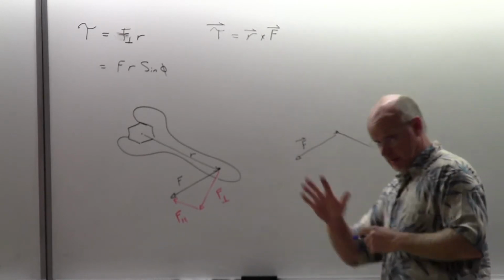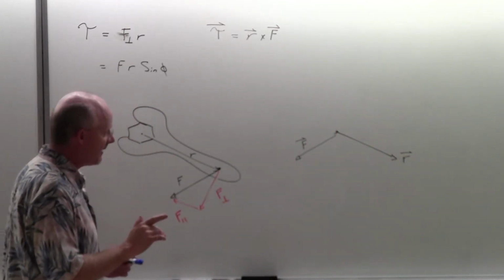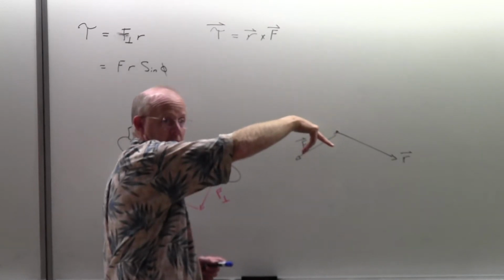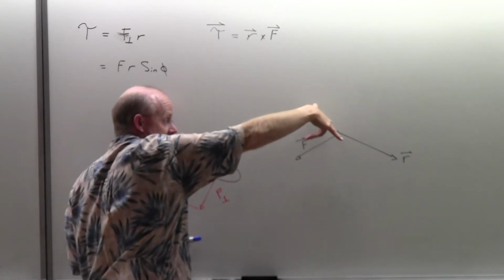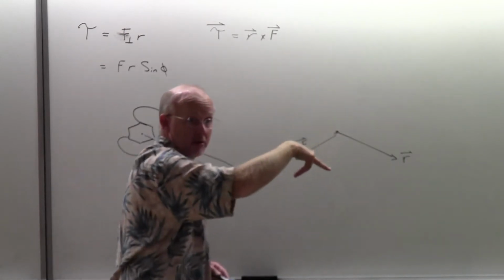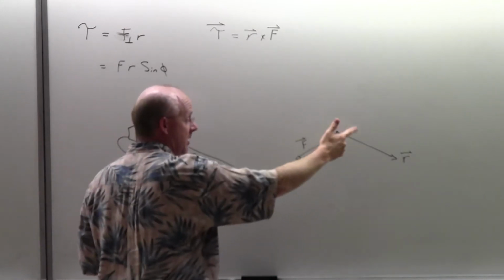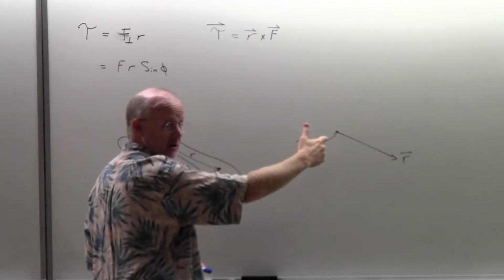All right, well, let's take my right hand here. Let's put my fingers in the direction of the first one and open it up till my finger gets to the second one. And what's nice about the right hand rule is what direction you do it is under 180 degrees.